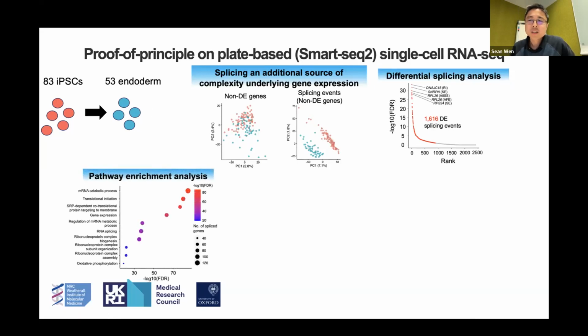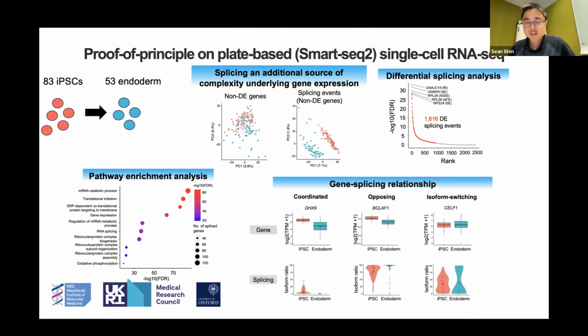Individual genes are nice to look at, but when we take this set of differentially spliced genes and do a pathway enrichment analysis, you will see some context. The context here is that the differentially spliced genes are very much involved in the translation and transcription pathways, suggesting that these cells are quite metabolically active compared to the stem cells.